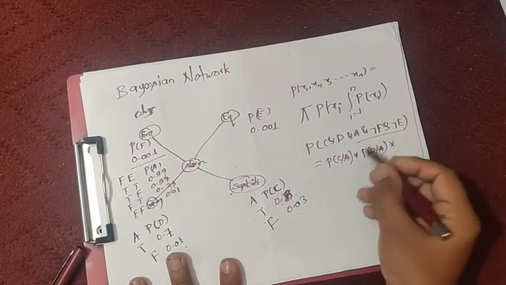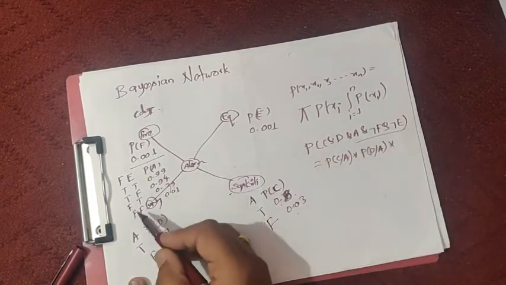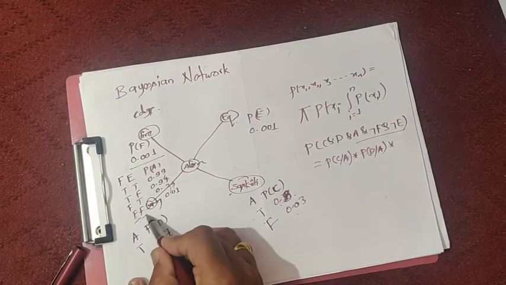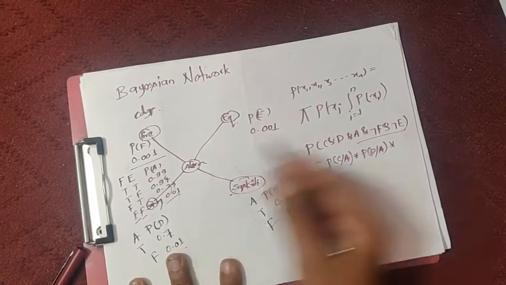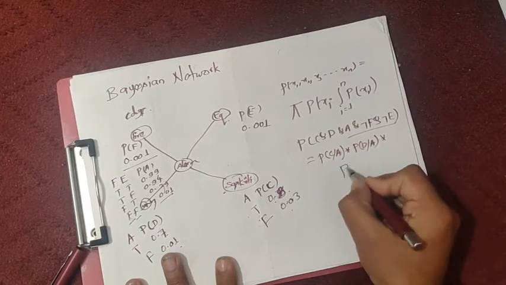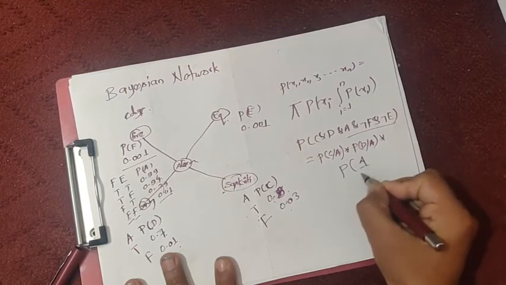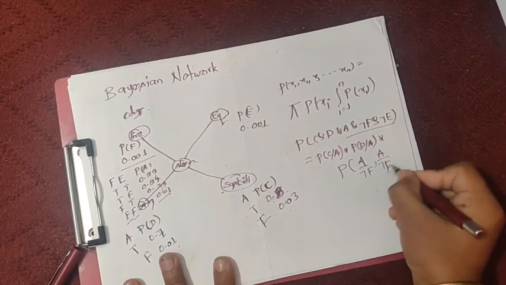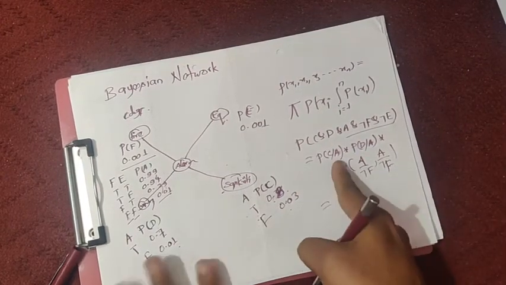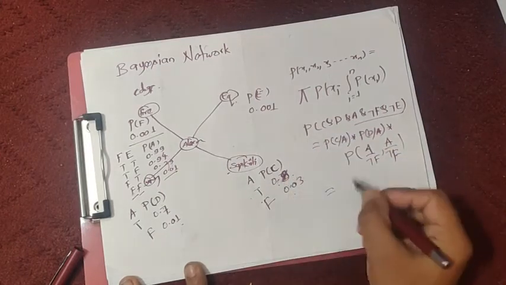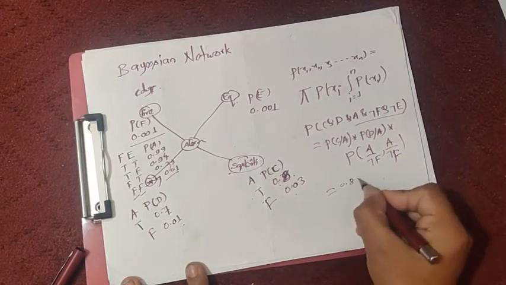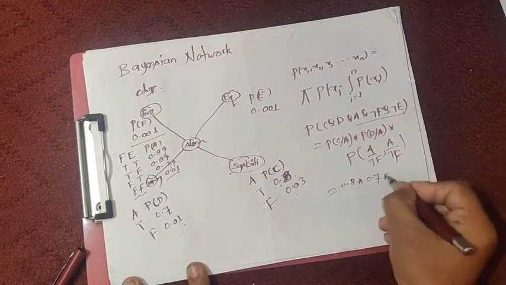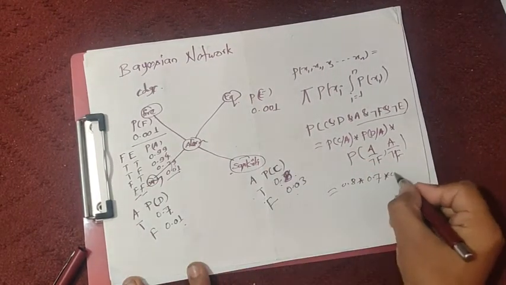Both F and E are false, so the probability is 0.01, that is the probability of A given not F and not E. So P(C|A) is 0.8, times P(D|A) which is 0.7, times 0.01 for both false.